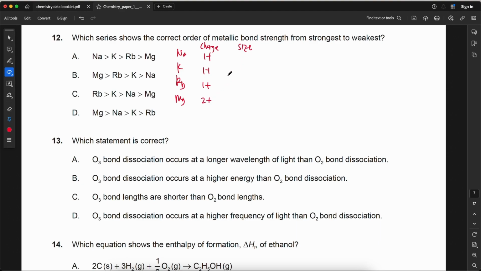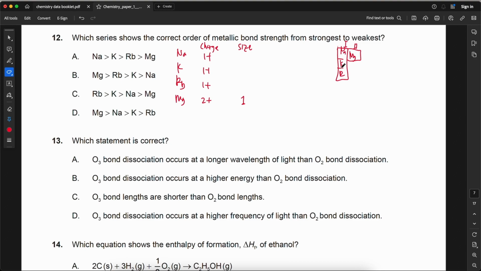And about the size, of course, with higher nuclear charge the atomic size will be the smallest. So this is the smallest. And for Rb, K and Na, if we look at the periodic table, this will be Na, K and Rb, and this will be Mg, group 2 and group 1.